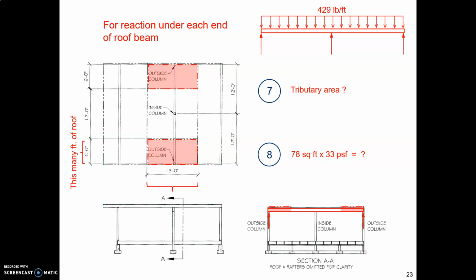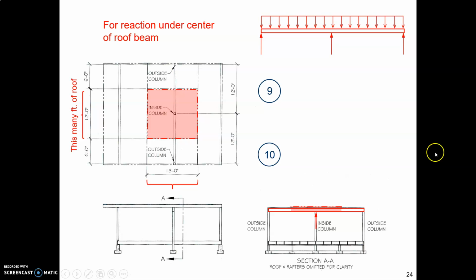We did that at the very beginning the other day. So the load on this column must be 78 square feet times 33 pounds per square foot. If you punch that into your calculator, you'll find that's 2574. Hold on to that thought. We're going to write 2574 under each of these arrows in just a second.